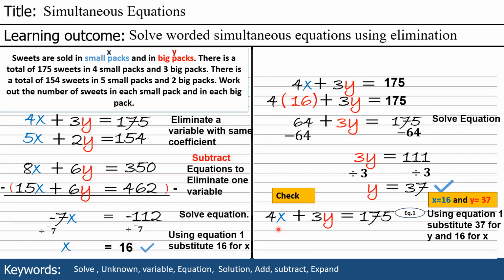So that's 4 times 16, add 3 times 37. 4 times 16 is 64. 3 multiplied by 37 is 111. And 64 add 111 is 175, meaning our solutions are correct.